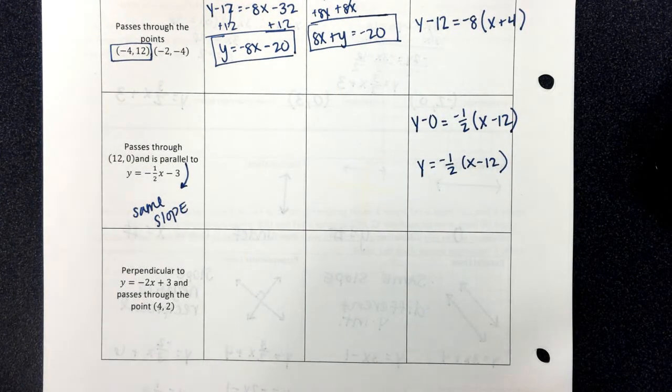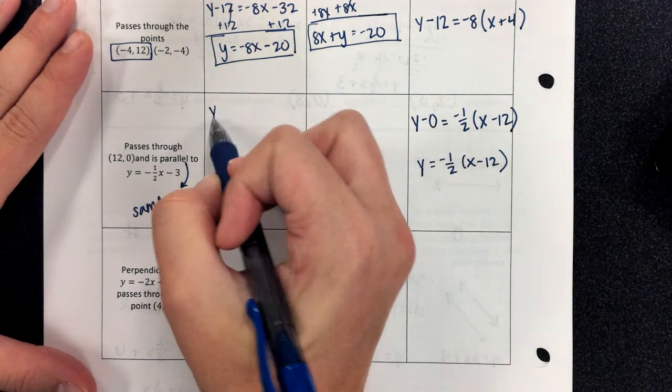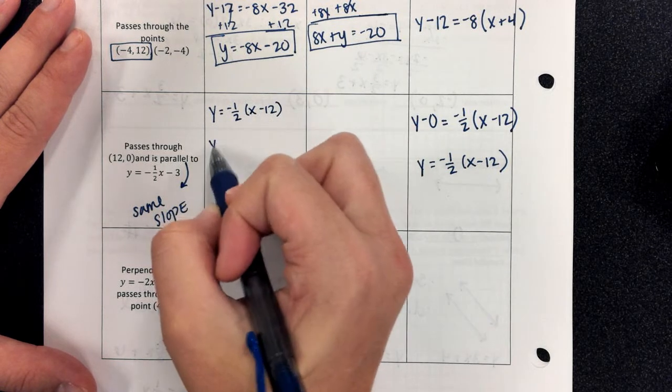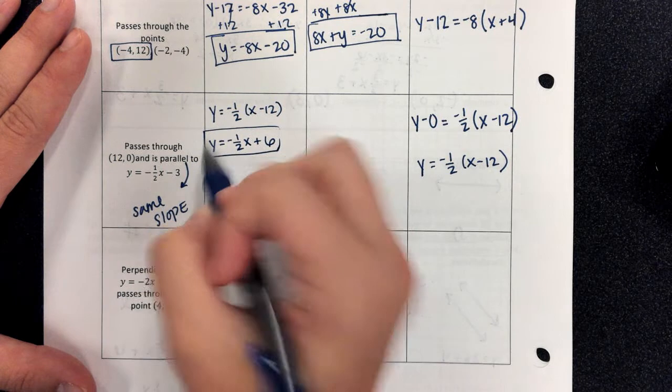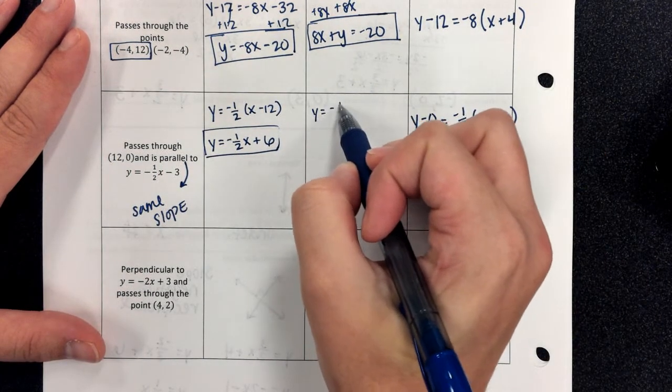Once you have a point slope, then go to your slope-intercept. And then standard form.